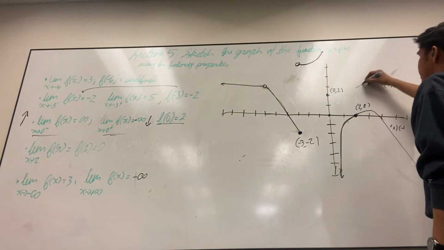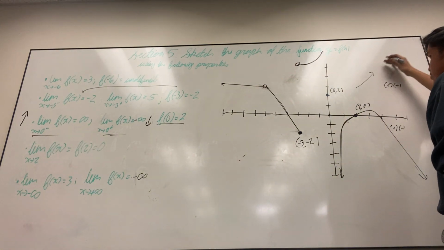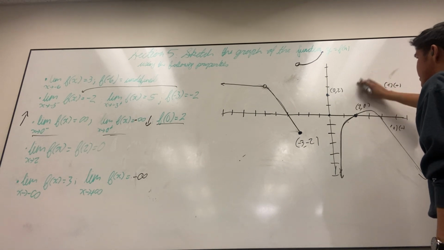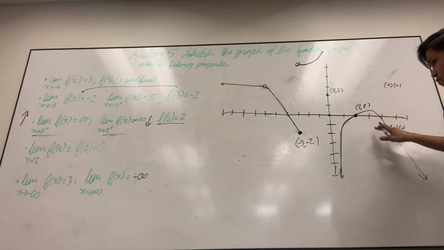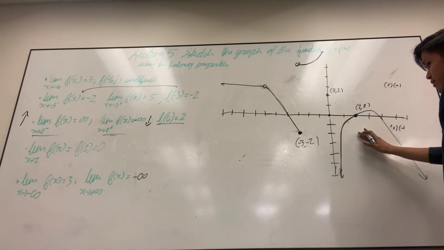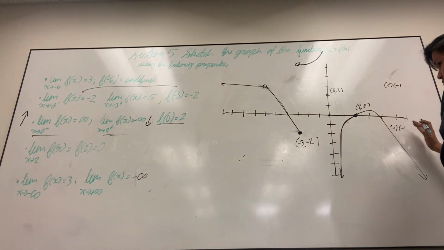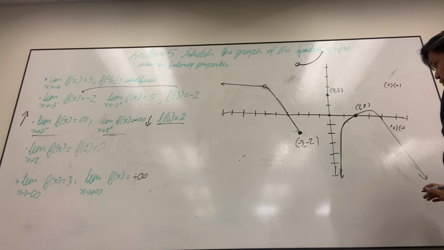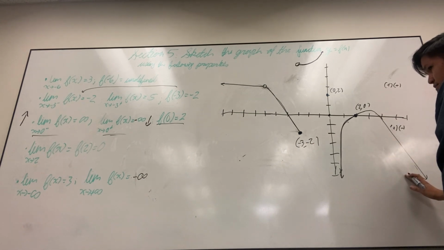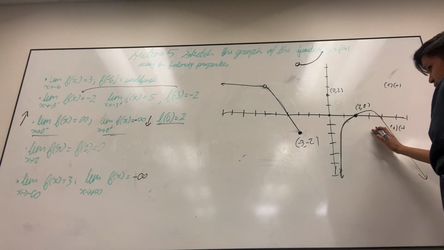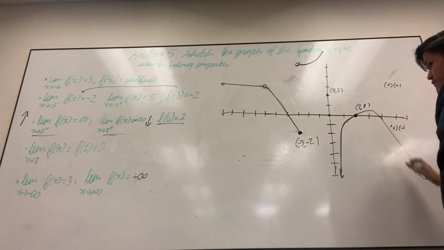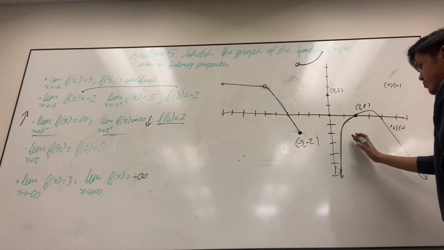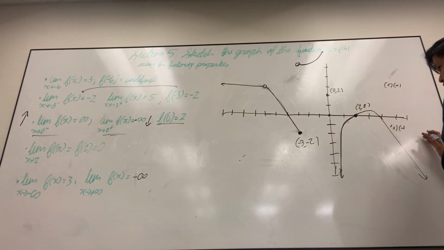If we drew going this way, we would have positive infinity to positive infinity, which again does not work out. However, if you go from this quadrant, you're going from positive infinity to negative infinity. So that checks out because your f of x is negative infinity, but your x approaches from the positive side of infinity.